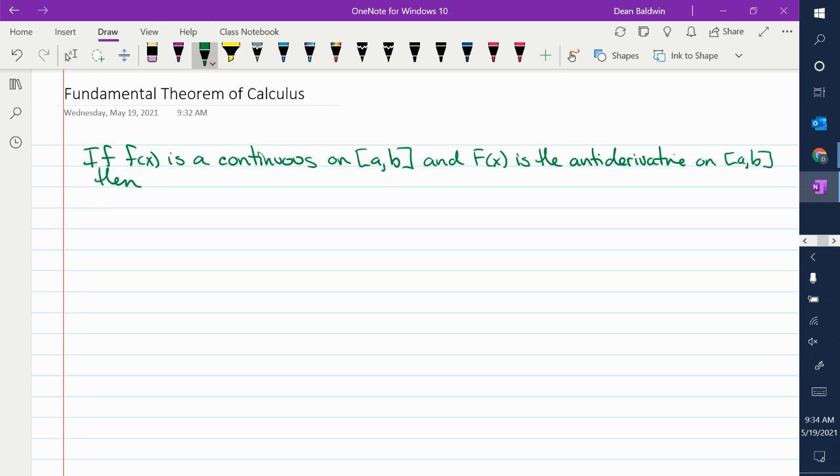On AB, then the integral from a to b of f of x dx is equal to the antiderivative evaluated at b minus the antiderivative evaluated at a.